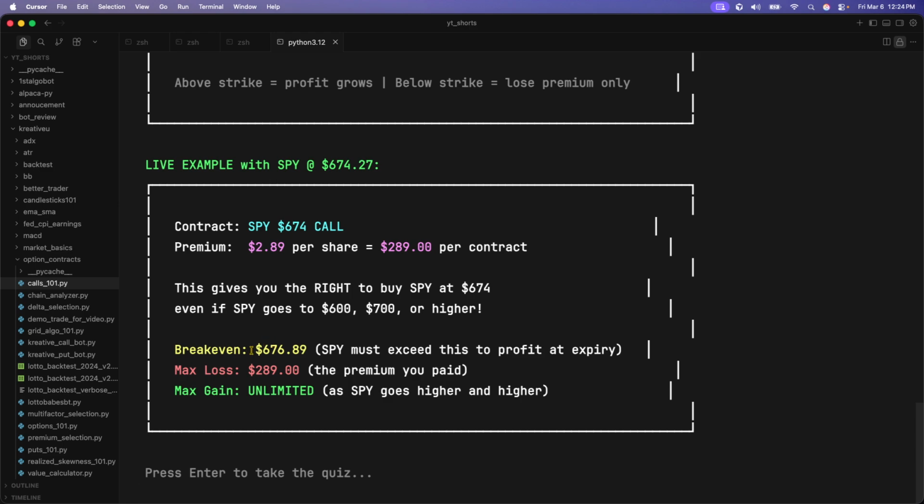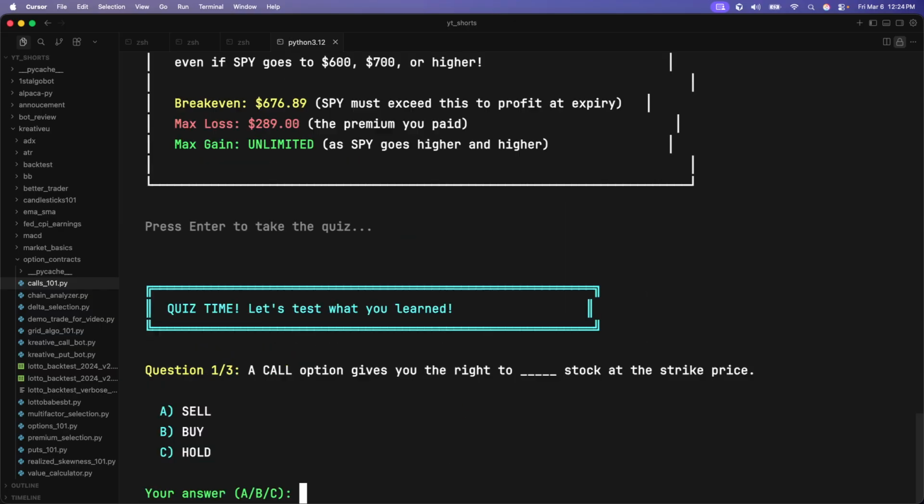Our break even is going to be 676.89. We must exceed this to profit before our expiration. The max loss is going to be the premium you paid, and then the max gain is unlimited, right? The higher SPY goes, the more potential we have to profit.